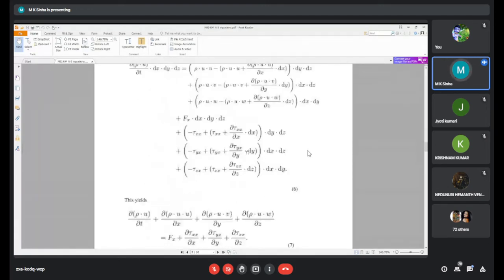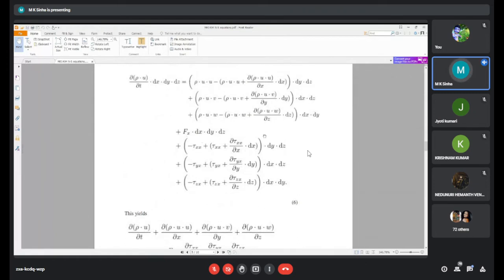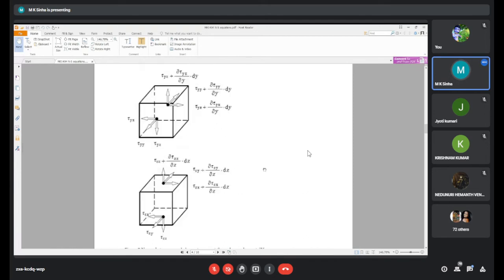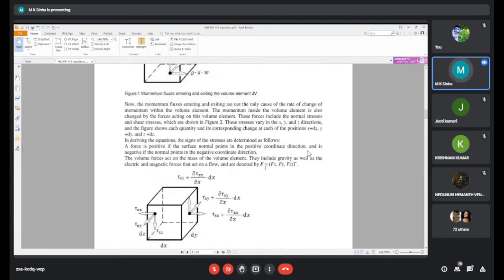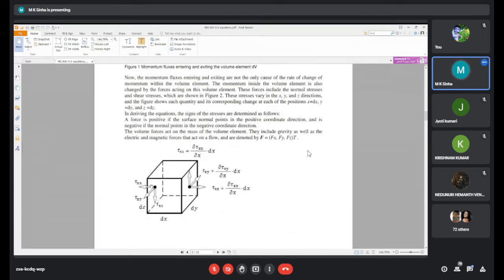Then other forces. The forces acting along the x-axis plus stresses. Along the x-axis is positive, but here tau x is acting opposite to the x-axis. That's why it is a minus.